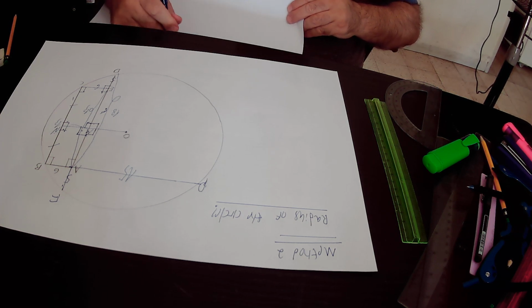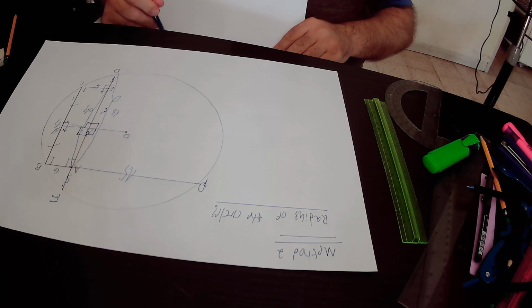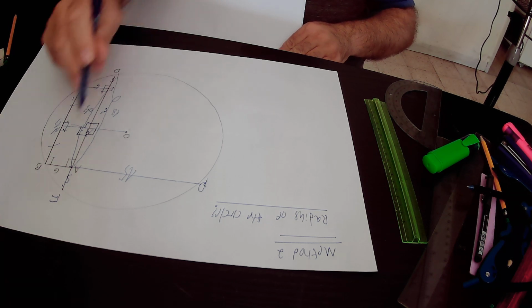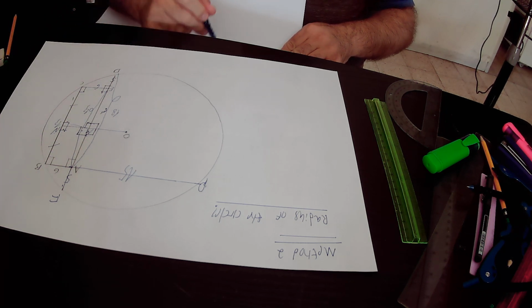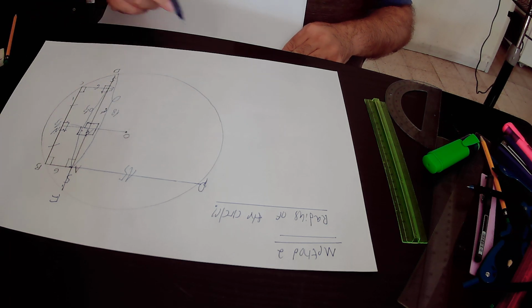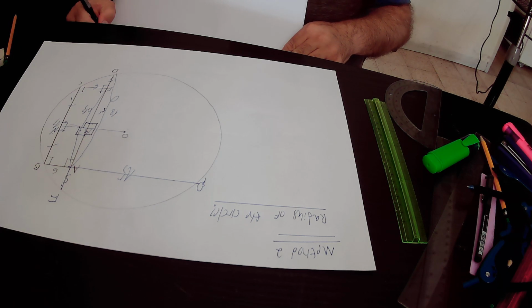Why? Because in our drawing we have chord FD, this chord intersects with chord PB at 90 degrees.